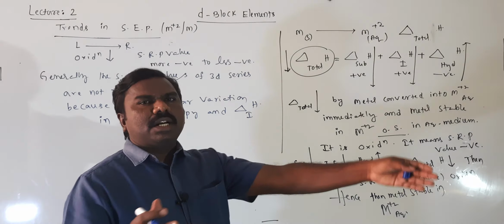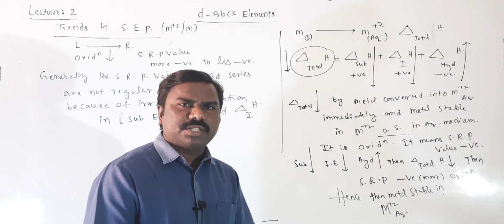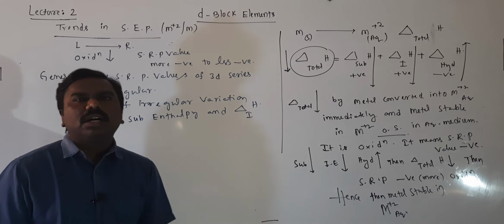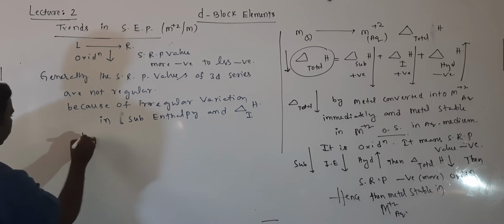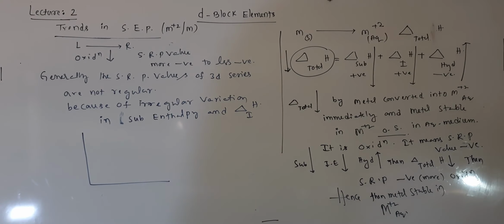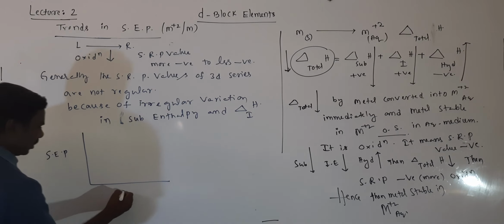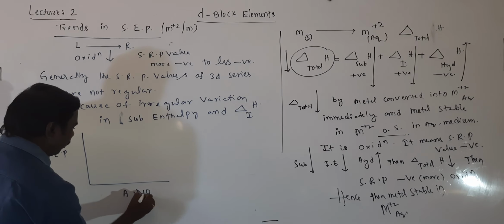If sublimation and ionization gradually decrease, SRP values will change gradually, but these are not gradual. Now, for example, this is the graphical representation between SEP, standard electrode potential, versus atomic number, very important.